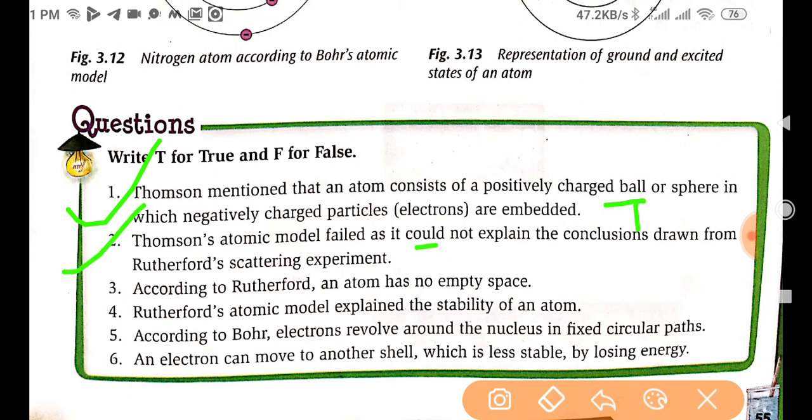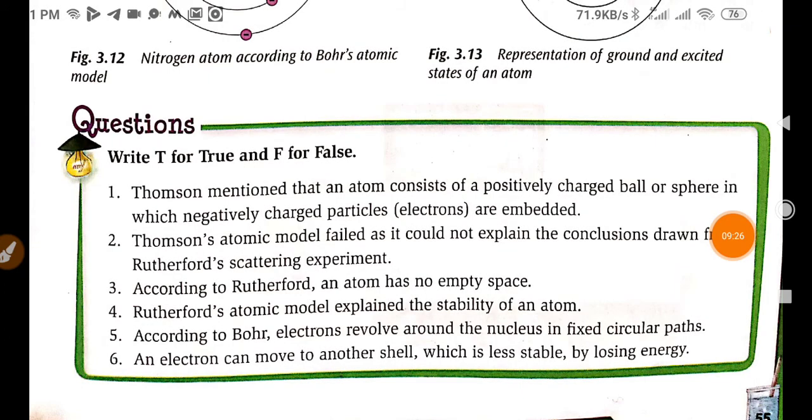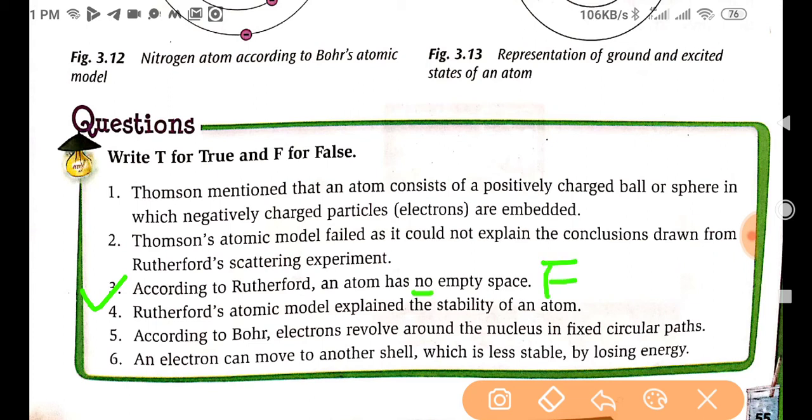It is also true. Third: according to Rutherford, an atom has no empty space. As you read carefully, Rutherford said that an atom has sufficiently empty space, so it is a false statement.